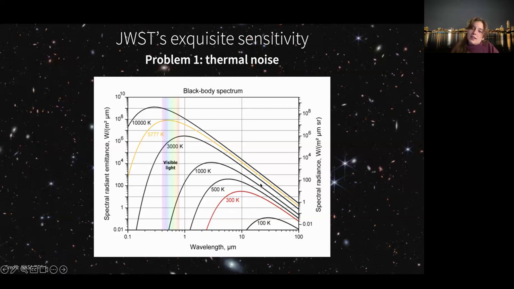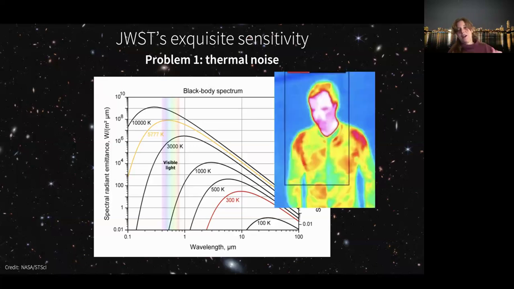And so you can see that there's a whole range of temperatures on the room temperature scale, or even if you cool down a little bit, that are still going to be radiating. So all the readout systems, all the mirrors, everything is going to be radiating, which is going to pollute your signal. This is also, by the way, how thermal cameras work.